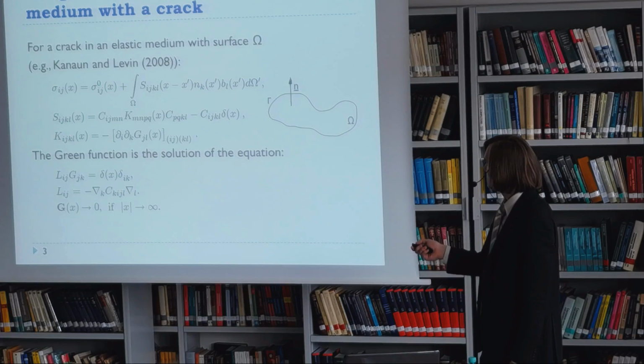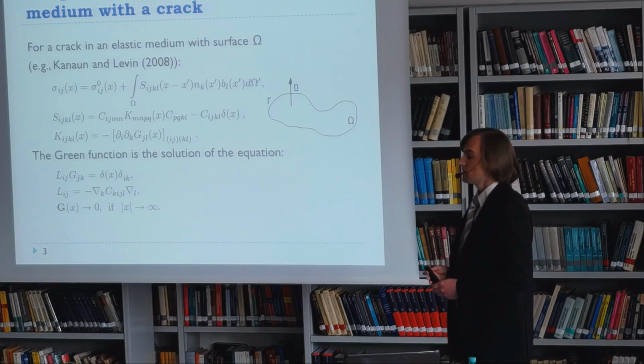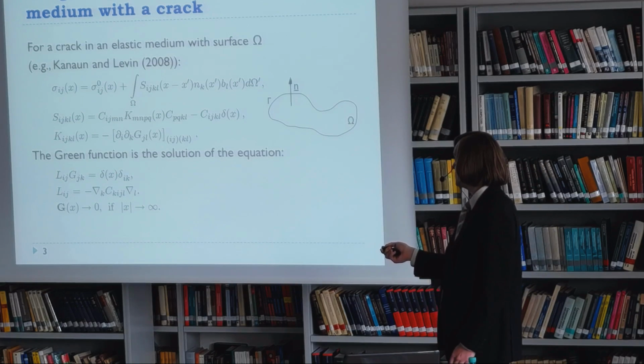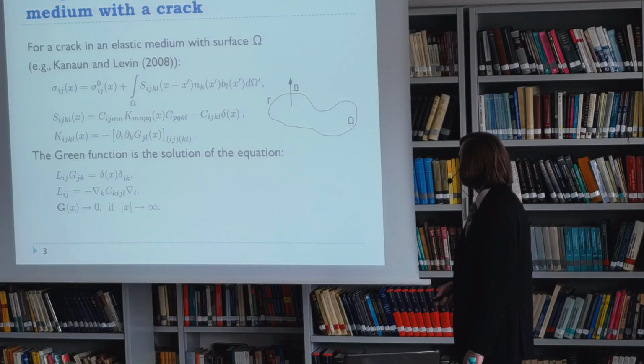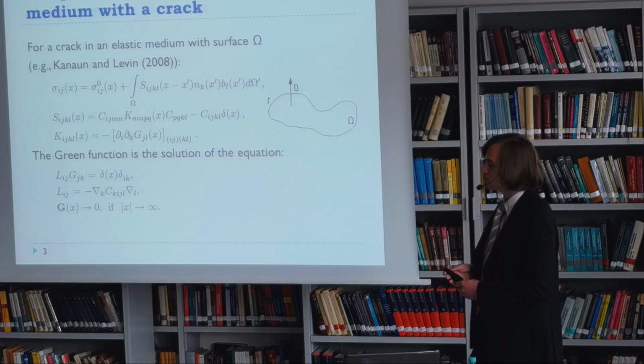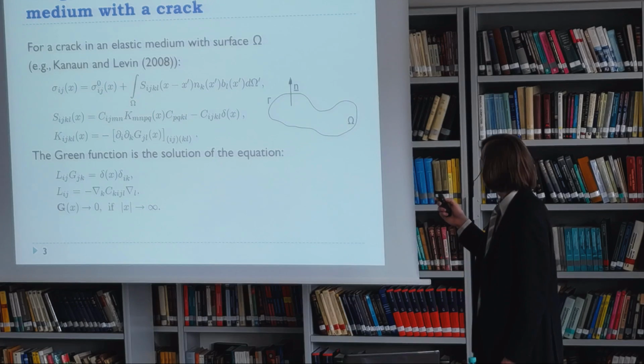This K tensor is calculated through the Green function of this medium, which is the solution of this differential equation, where delta is the Kronecker delta and L is this tensor. So here we have formulated our problem in terms of integral equations for cracks only.